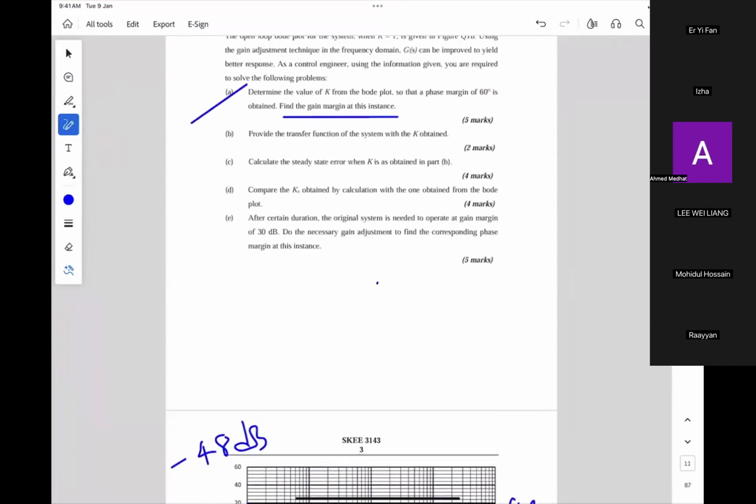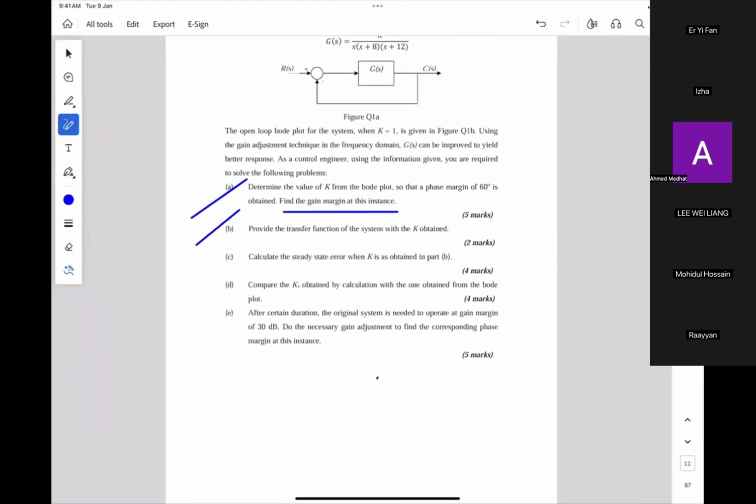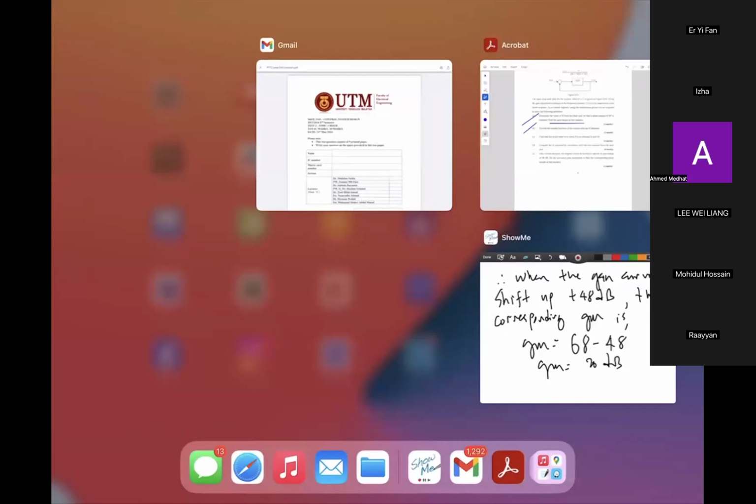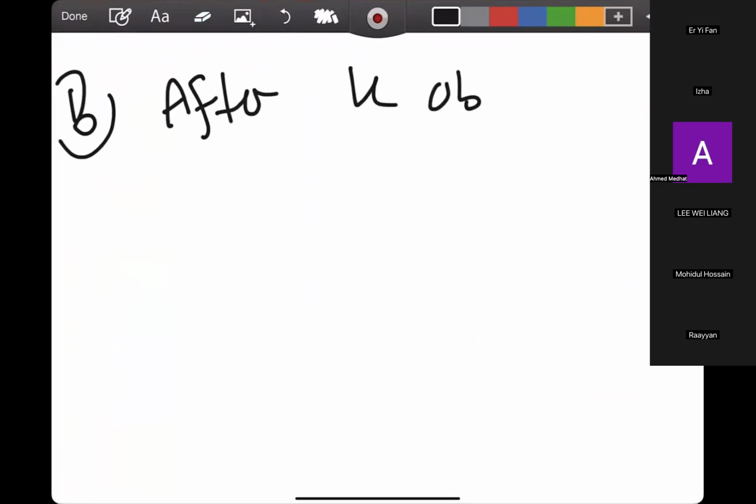So the next question is, provide the transfer function of the system with the K obtained. That one is very easy. K obtained at 266.